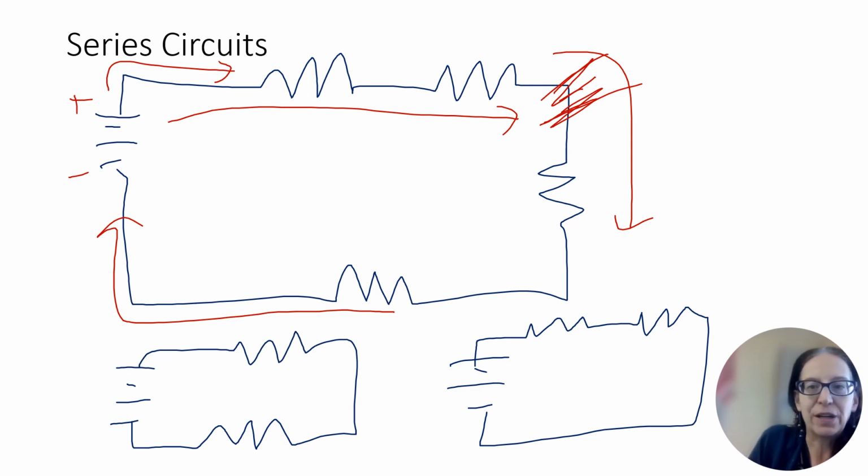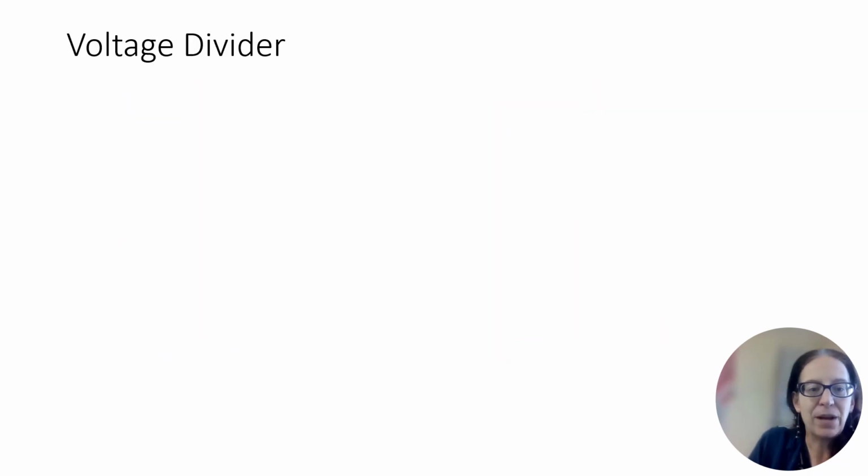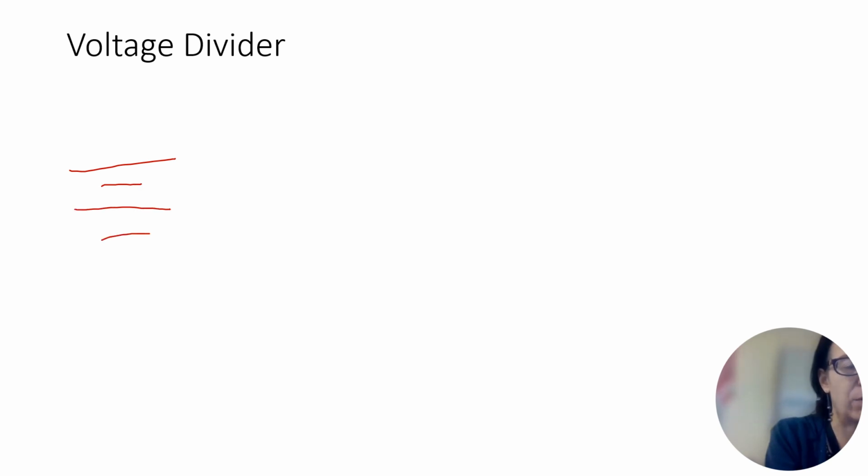So that's a series circuit. A series circuit is sometimes known as what's called a voltage divider. I'm making these numbers up off the top of my head, which is extremely dangerous because they might come out terrible, but that's how we're rolling. So I'm going to say this is a 12-volt battery.